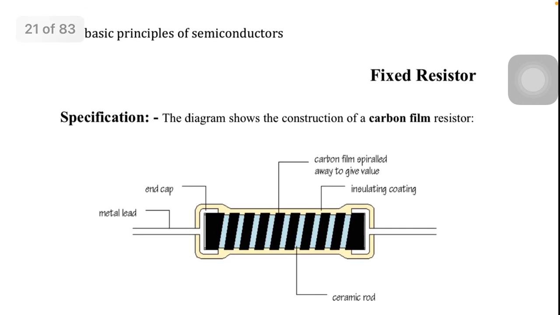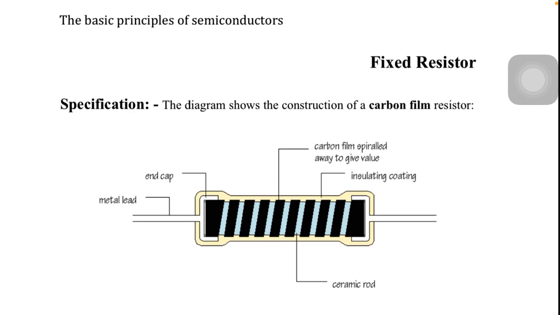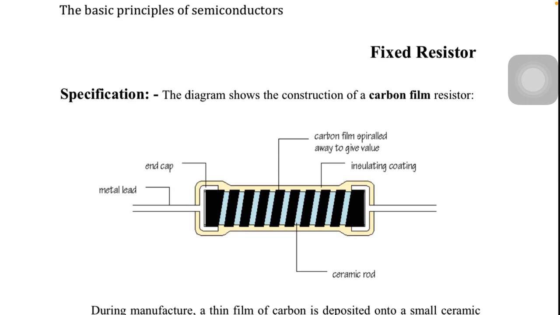Okay. The basic principle of semiconductors. Actually, here we are talking about resistors. Still resistors. We have a type called fixed resistor. There are some resistors that are variable resistors.